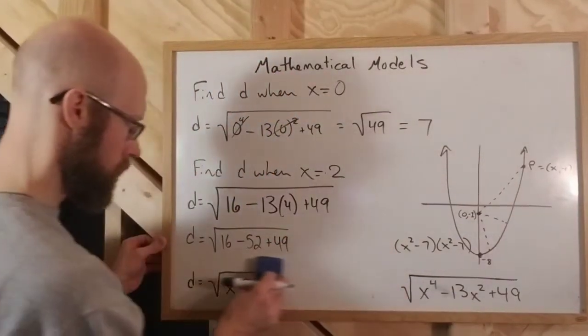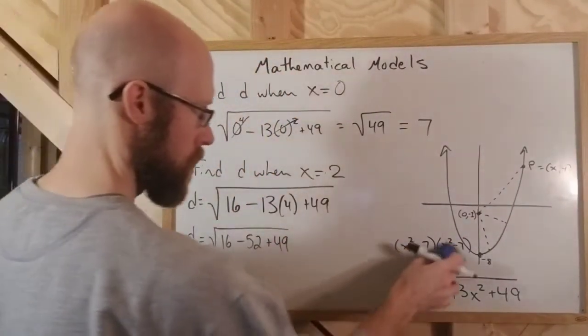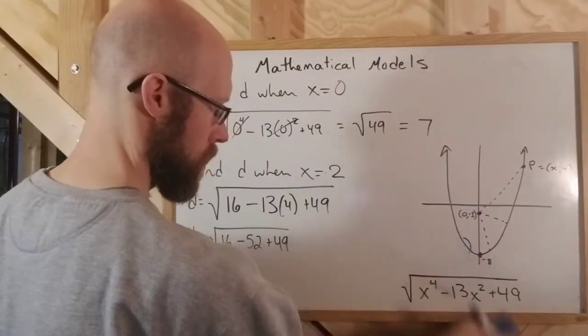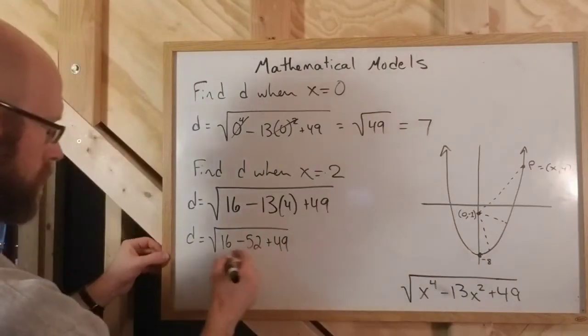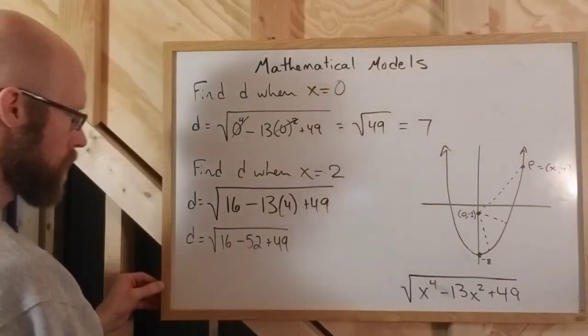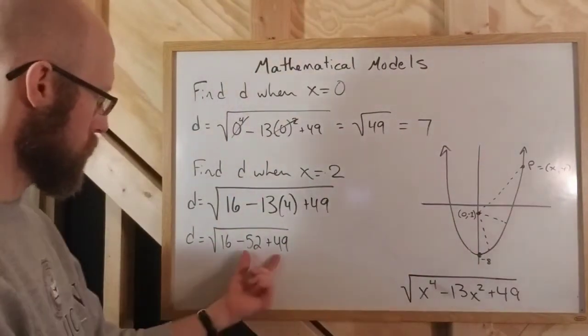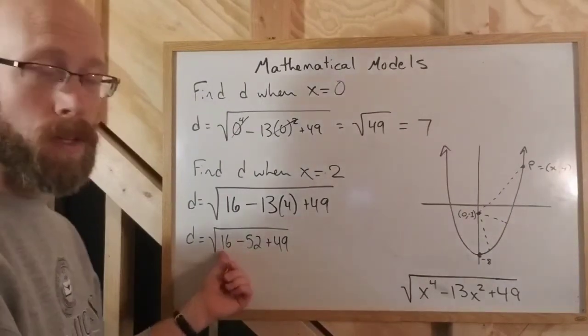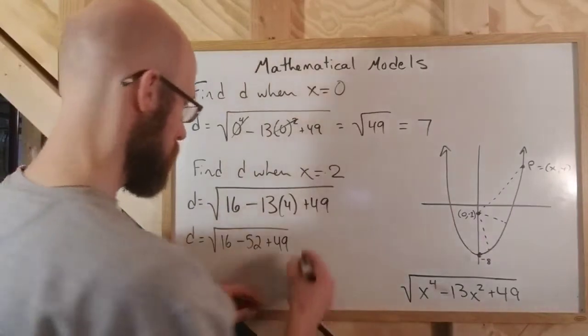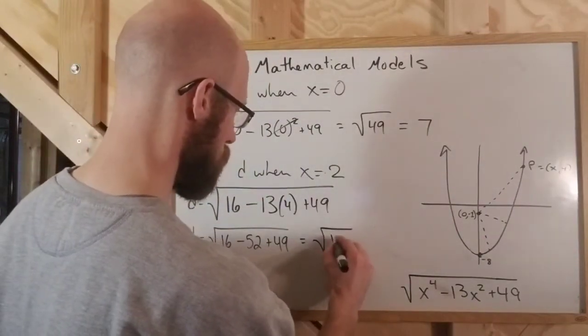Let's do some of this. And let's see, 16 minus 52 is, well, this here is -3. And plus 16, that'd be what, 13? So that would be the square root of 13.